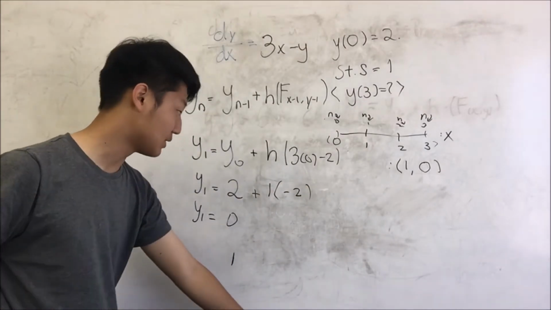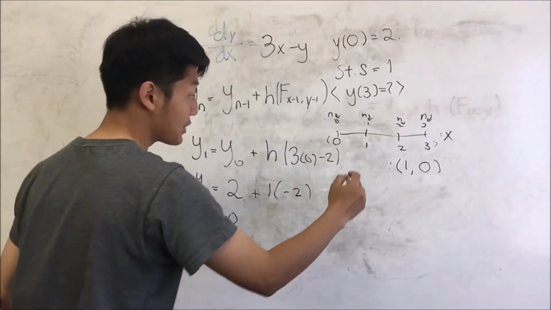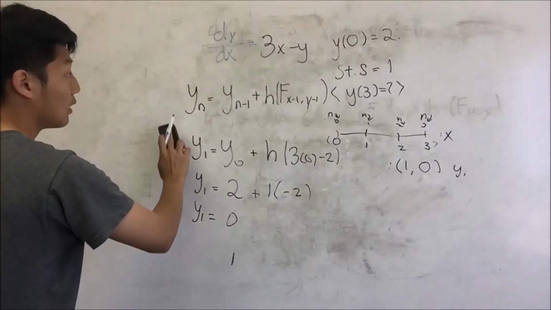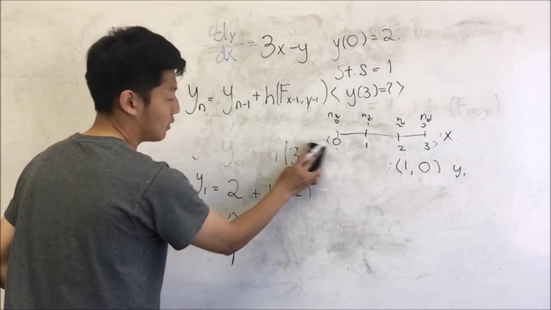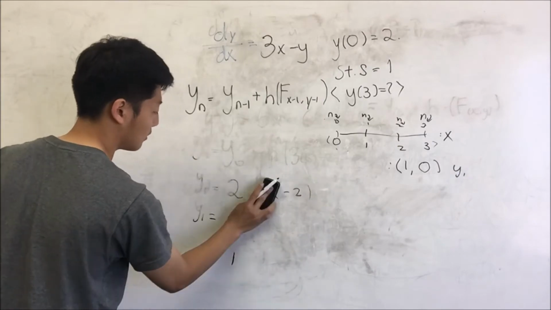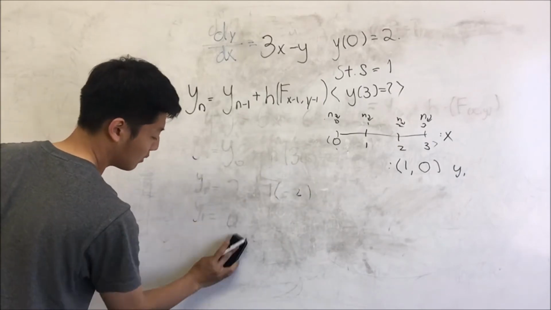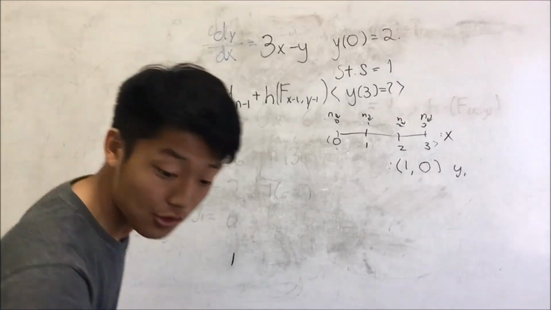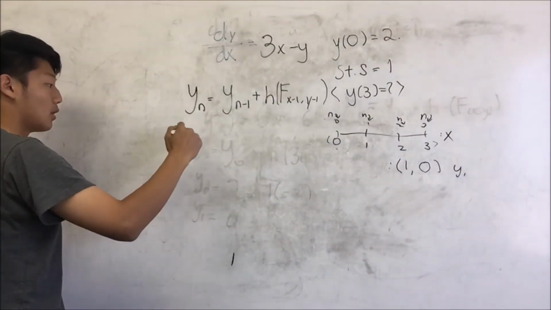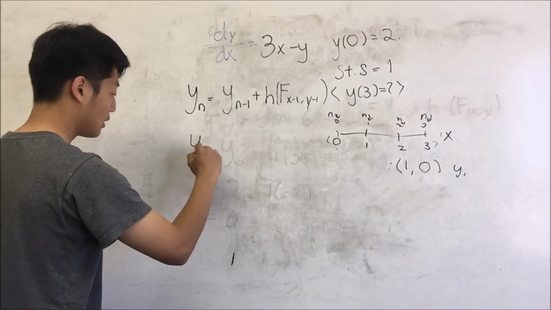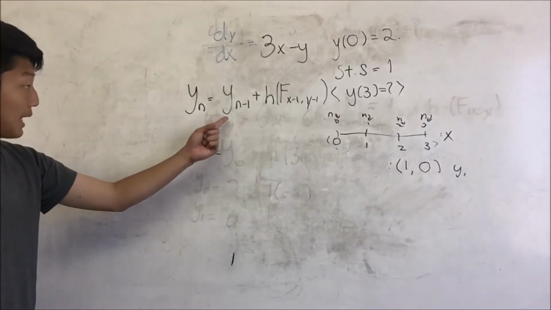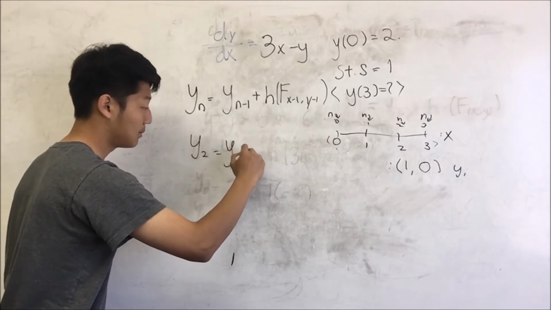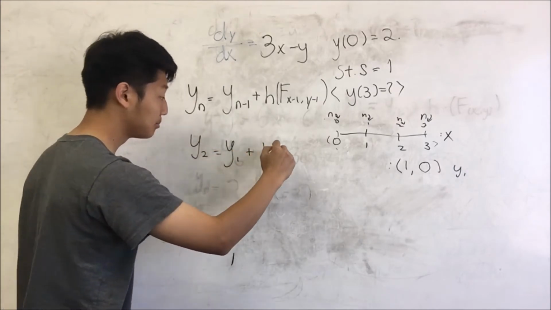And now let's jump to the next. We solved for y1, right? Now y2. So now n is 2, right? So n minus 1 is 1. So y1 plus h, the step size, and the function.